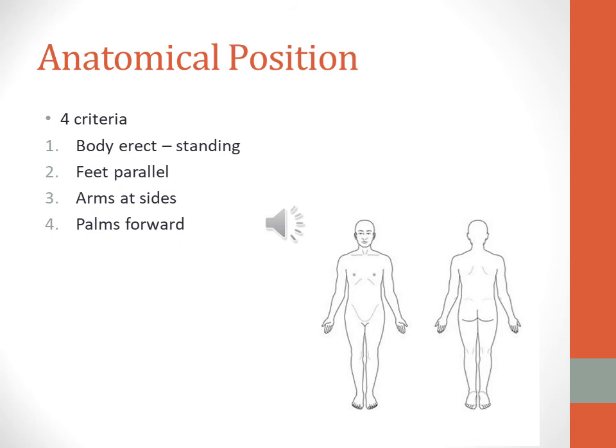It really resembles standing at attention, except for the palms forward piece. So here we have 4 primary criteria. You are standing erect, right? Feet are parallel, arms are at your side, and palms face forward. And I've included a picture so that you can see what that looks like.